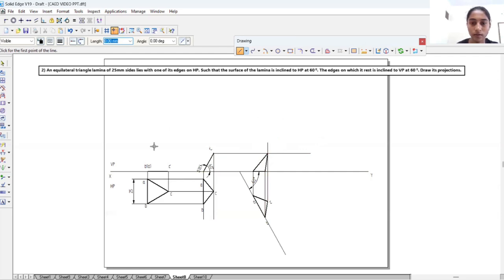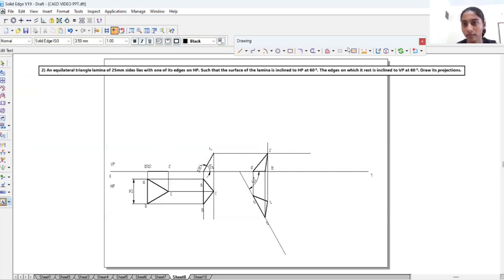So it will be the front view. We will give the names A dash, B dash, and C dash.